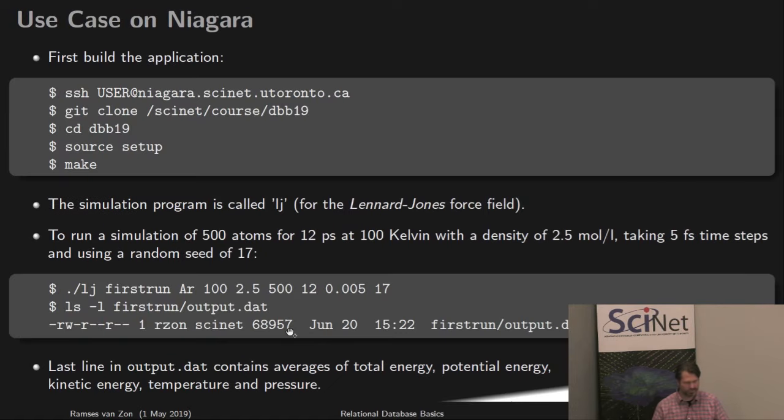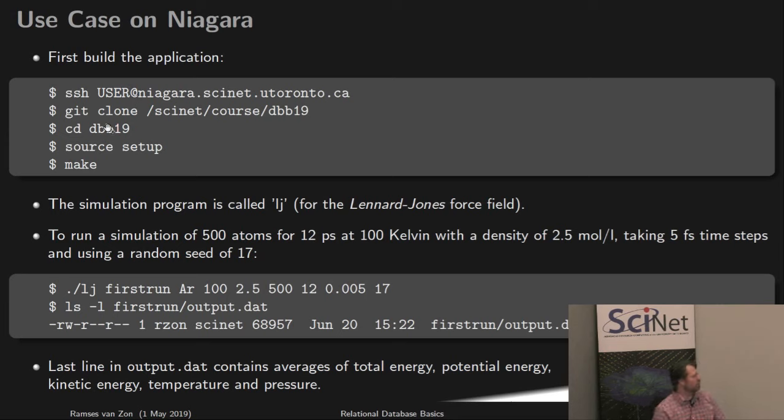Okay. So you can either follow along or just believe what I say. But if you want to follow along on Niagara, you can log in. You use SSH with your username at niagara.scinet.utoronto.ca. And then there's a Git repo at /scinet/courses/dbb19, for database basics 2019, which you can clone and then cd into it.